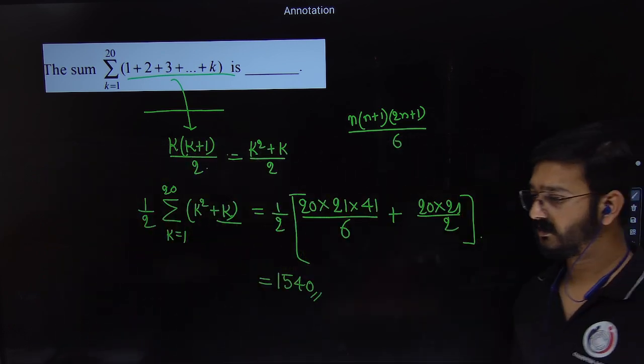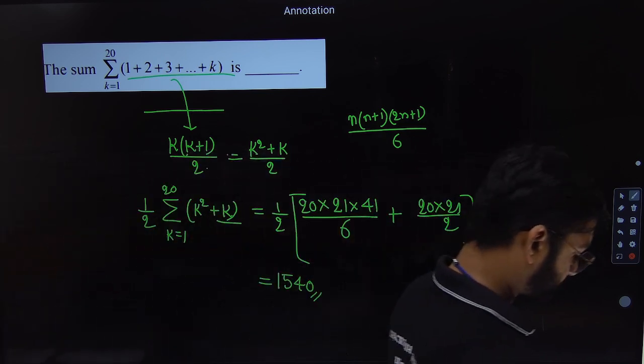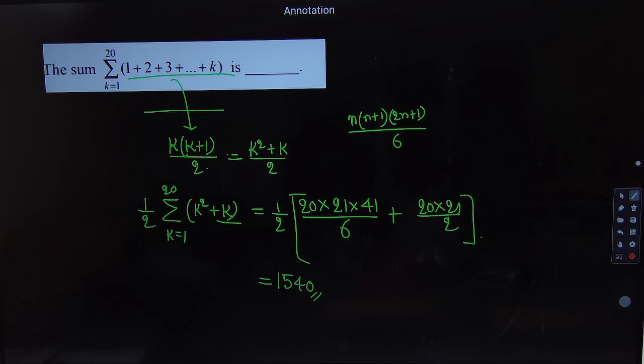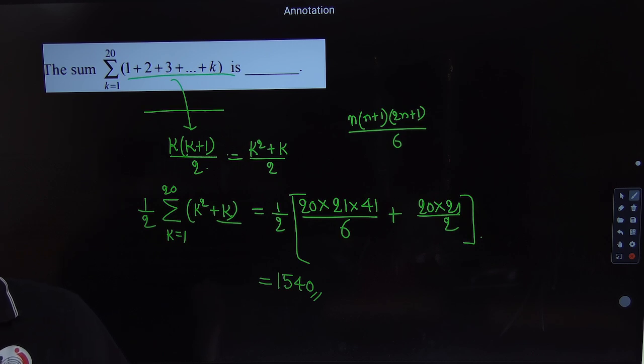Do the calculation quickly. One five four zero. 1540 is the correct answer.